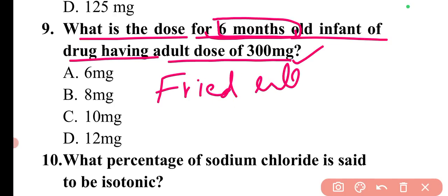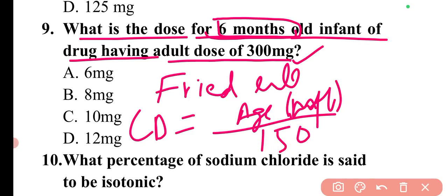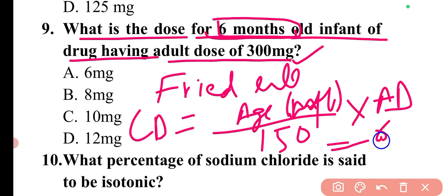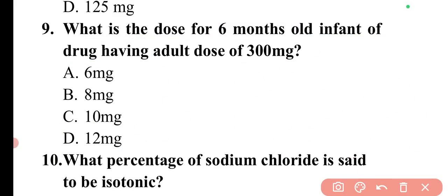In Fried's rule, child dose is equal to age in months divided by 150, multiplied by adult dose. So here age is 6 months divided by 150, multiplied by adult dose 300. Simply we can cancel it out with 2, then 6 into 2 is 12 mg. So here option D will be the correct answer.